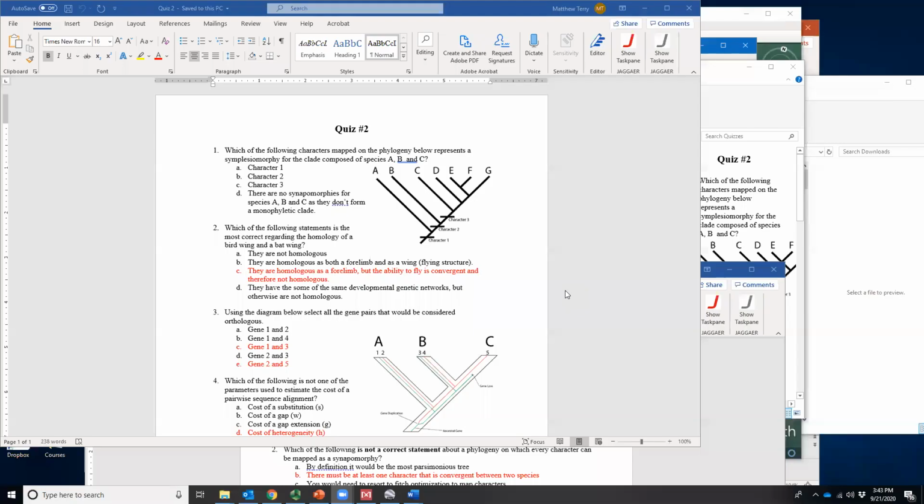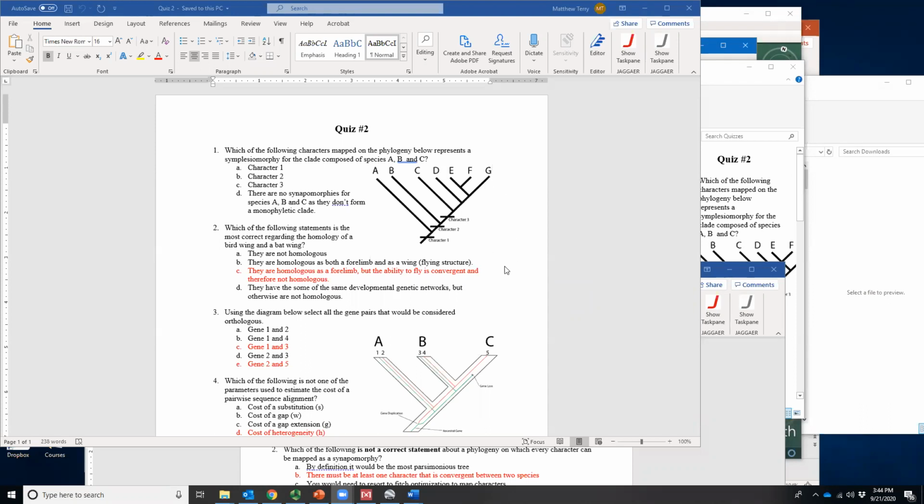All right. So for number 1, for there to be an actual synapomorphy, character 1, because it's at the bottom, it wouldn't work. Can you tell us what would be an example on that one, or is that not possible?